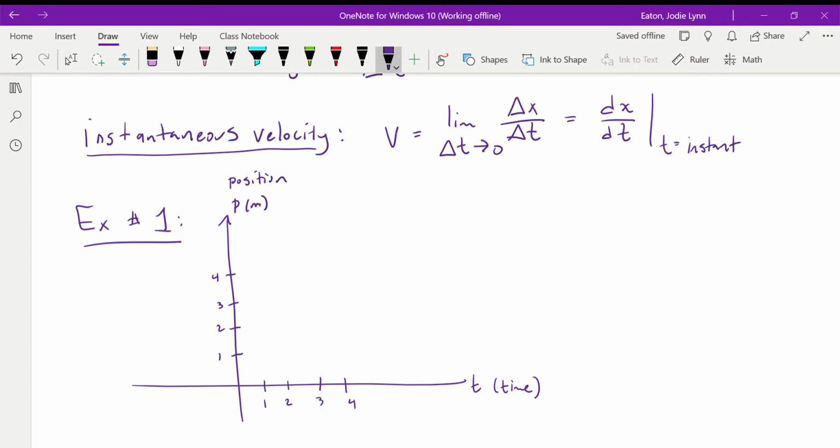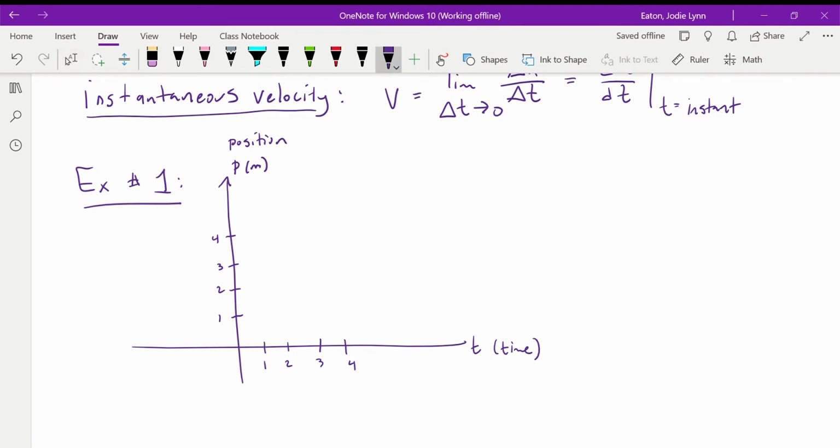Let's have point A, let's actually start our time at 0. We're going to start at position 1, go up to a maximum of 3, and then go back down to position 1 by 4.